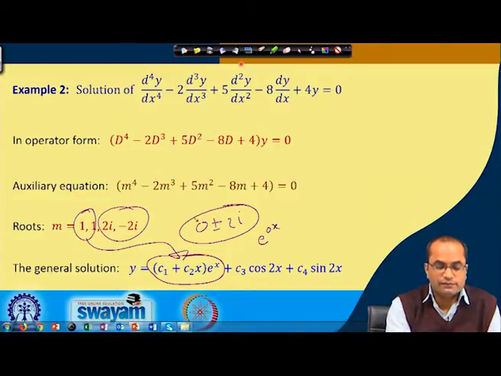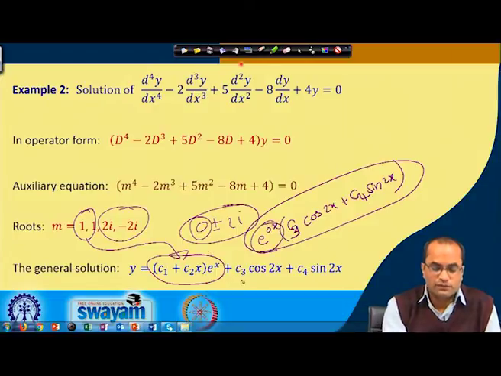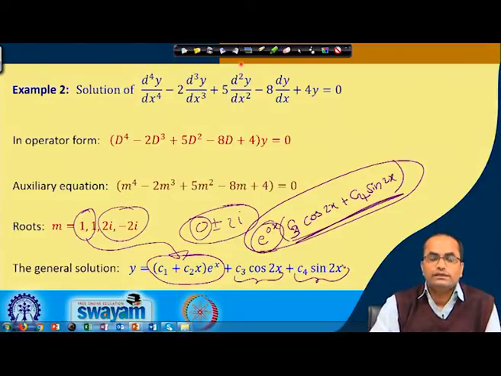So, alpha times x, and then we will get the constant which is C3 here because C1 and C2 have already appeared. So, C3 cos 2x plus C4 sin 2x. Here e power 0x is 1, so we are getting this term only, that C3 cos 2x and C4 sin 2x.